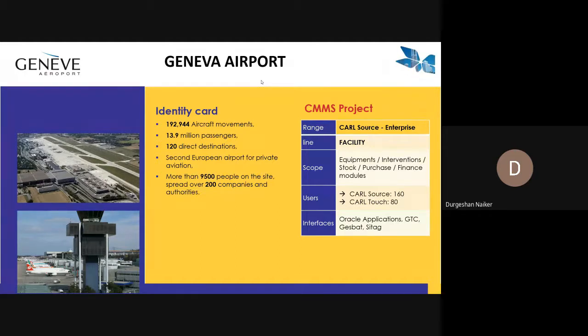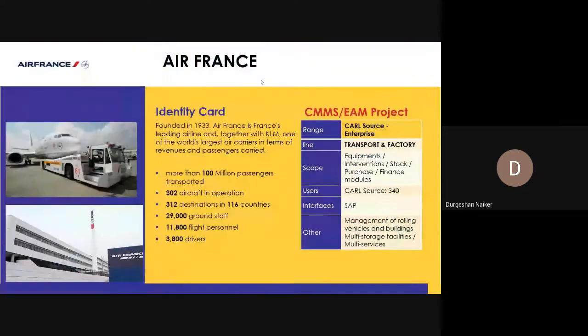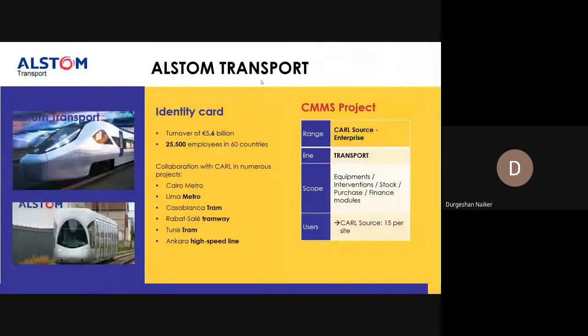a reliable product. Some references from transport line you can see here. Okay. And Air France is using it. Obviously, they trust Carl, so they're using it. And many railway types or metros are using CAL for their maintenance, and even bus transport companies.